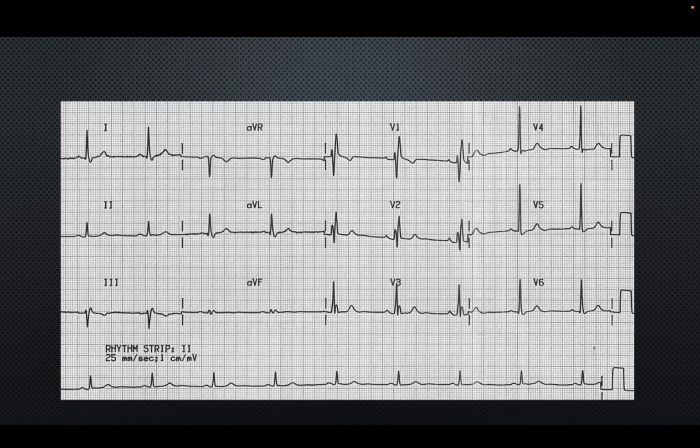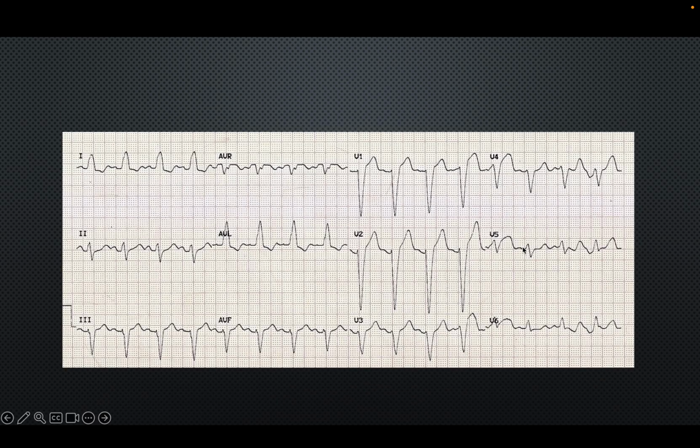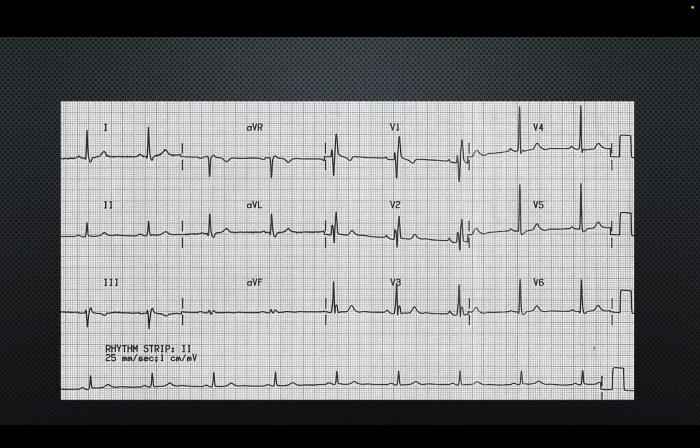Now, check this one out. You'll notice it doesn't have all the radical QRS stuff like the left bundle branch block does. But what you should see right away is this. And as we get further away from the right side of the heart, things normalize just a little bit. If you were to look at this in isolation, you'd probably say it looks fairly normal.